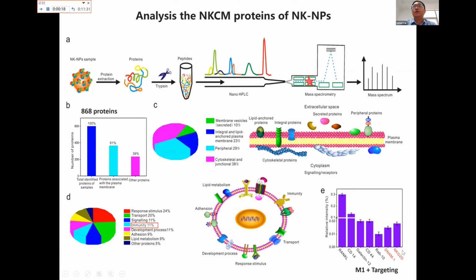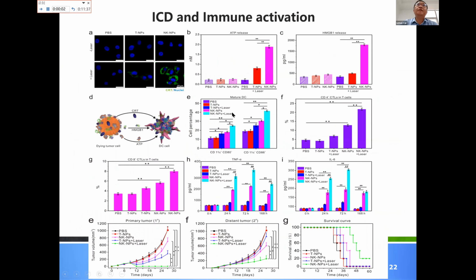Figure E shows some targeting proteins and also M1 polarization. It lists some evidence, such as for CRT, ATP, and HMGB1. These markers, and also some mature CD4, CD8, and some secreted factors like TNF-alpha. All these conditions we can see are very good for the tumor by these immune activations.